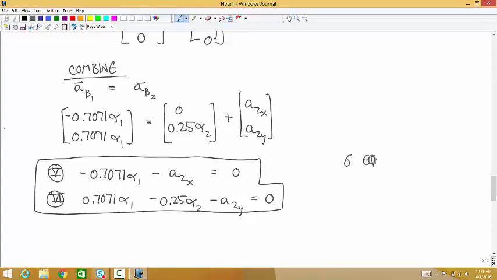So now we have 6 equations, 6 variables, and we can solve that. Okay? Any questions about that? All right, let's do the quiz.